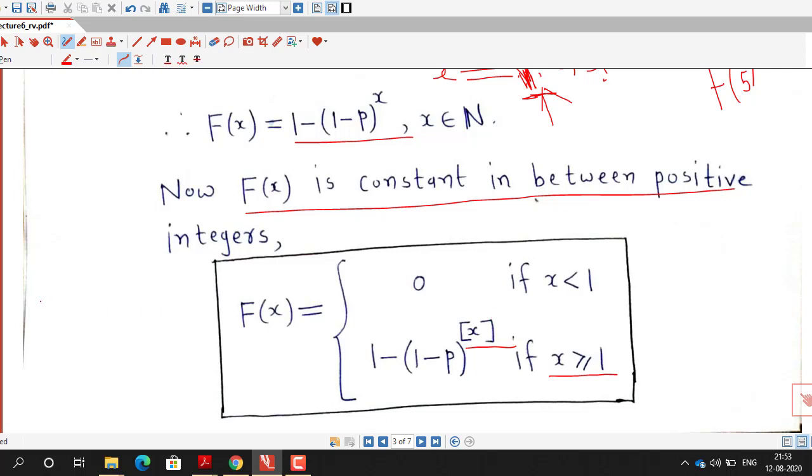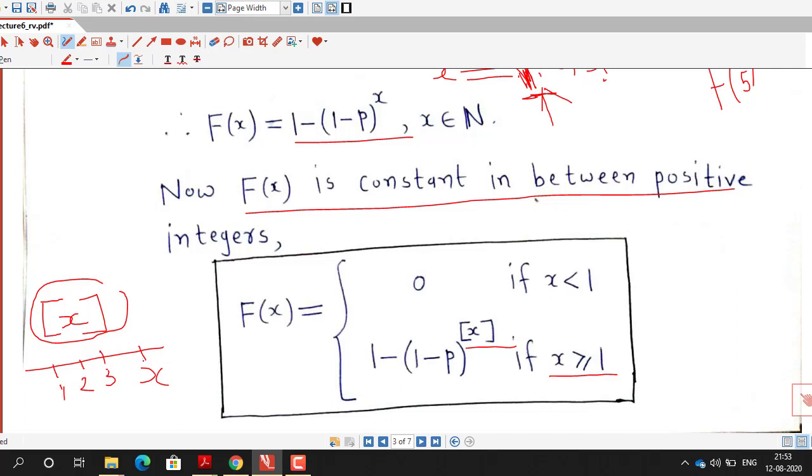the integral part of x. This means the largest integer which is less than or equal to x. Suppose my x is somewhere here, and suppose here the integer values are 3, 2, 1. Then the integral part of x means the largest integer which is less than or equal to x.